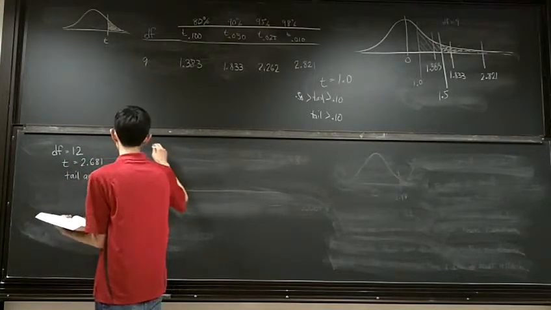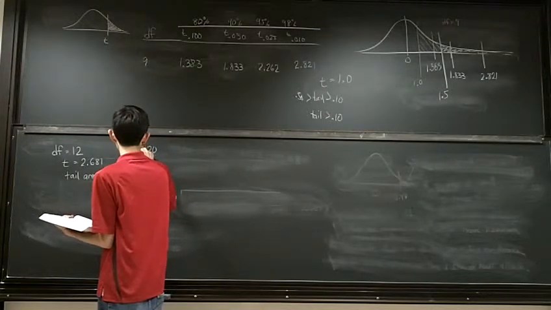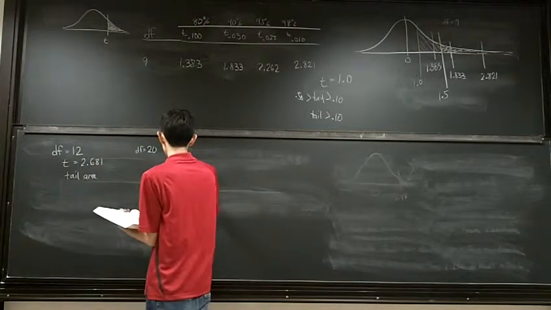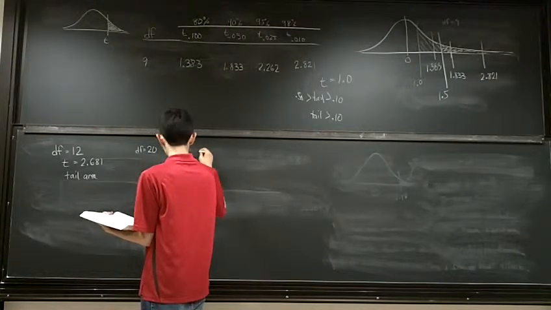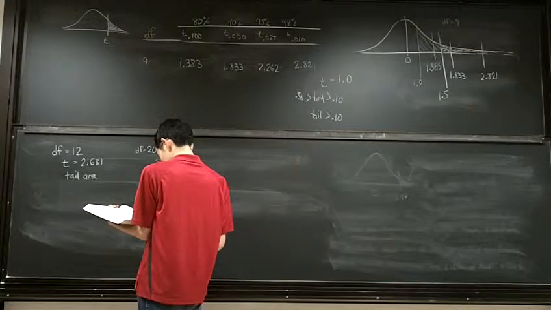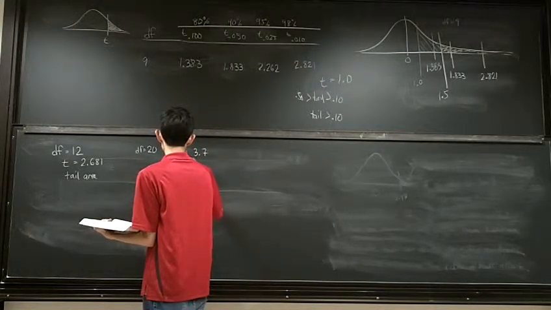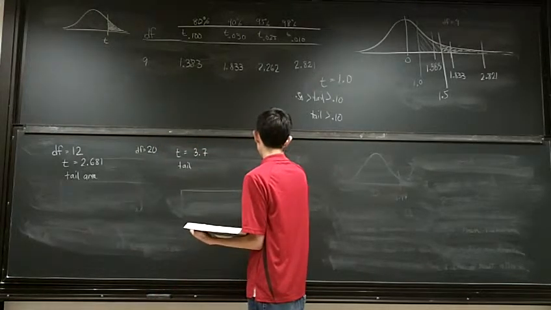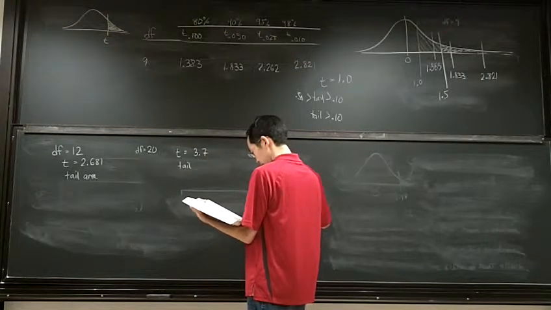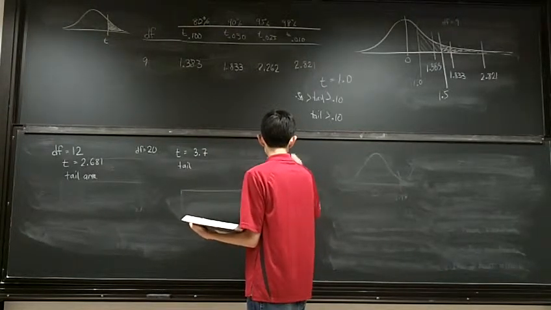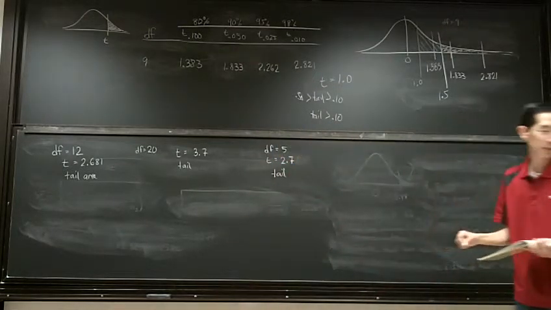Let's say you have 20 degrees of freedom, and your test statistic is 3.7. How much is in the tail? And let's say we have degrees of freedom equal to 5, and your T is 2.7. How much is in the tail? Okay, so you got 3 problems.